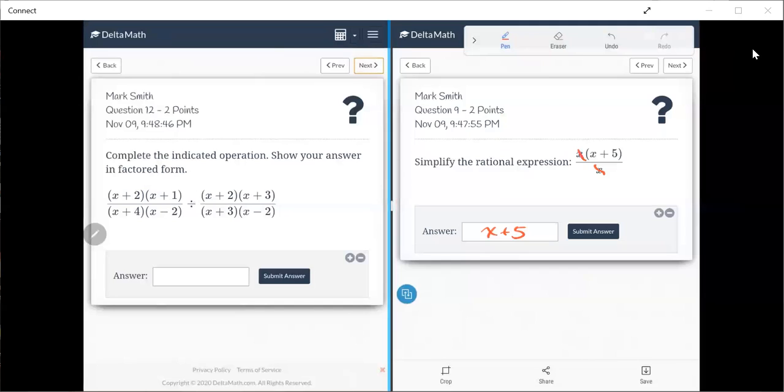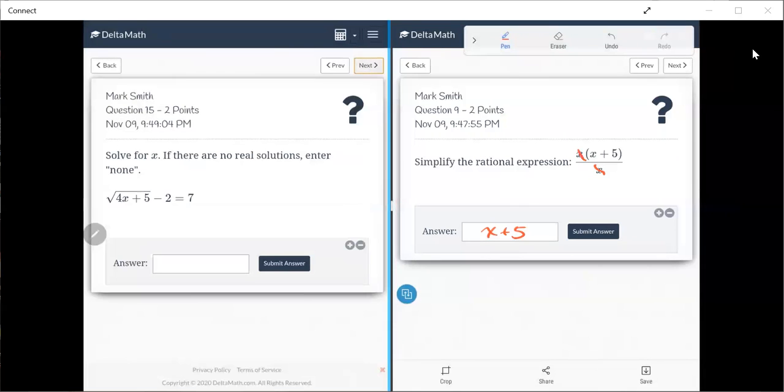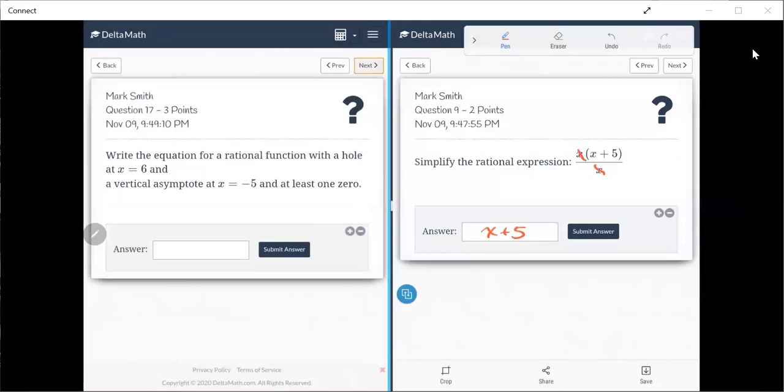Put this in your Mathway calculator with a divide sign. Put this in your Mathway calculator, x over 4 equals x plus 2 over 2. Same with this one. Put these in your Mathway calculator.